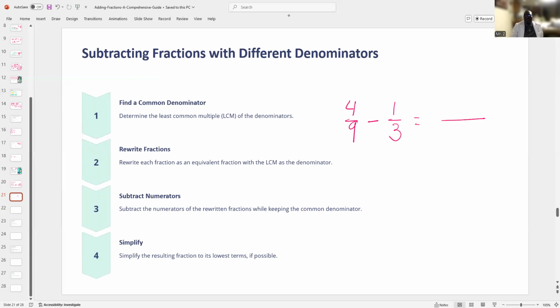So you find the common number, which is 9. 9 divided by 9 is 1. 1 times 4 is 4. Then 9 divided by 3 is 3. 3 times 1 is 3. Now you have 1 over 9.